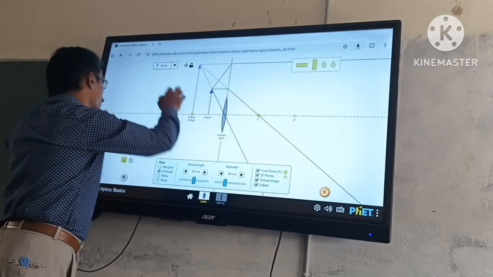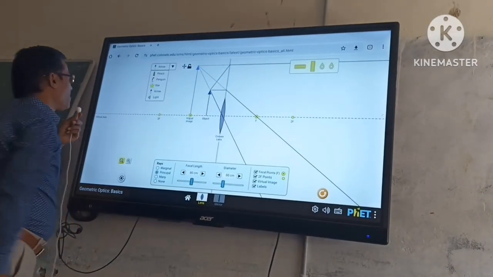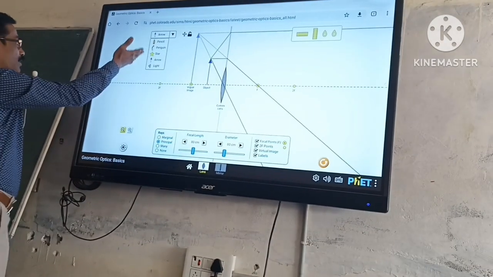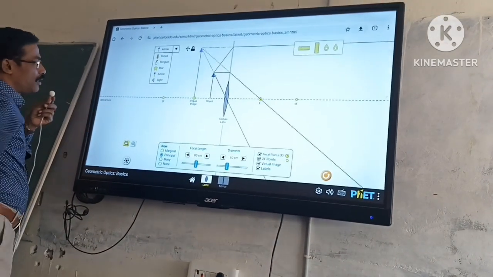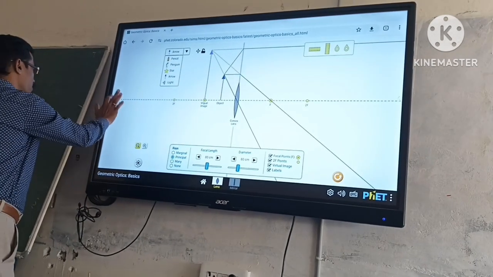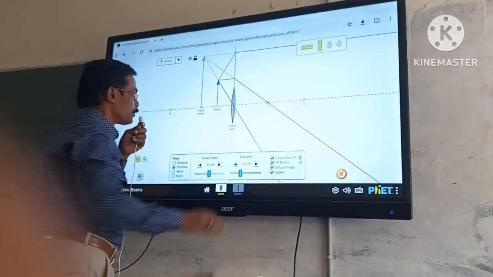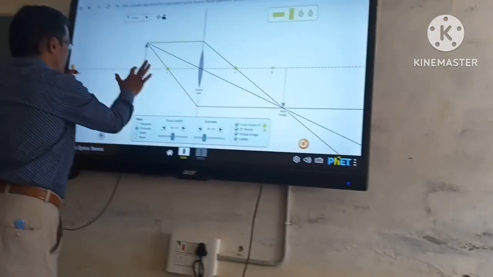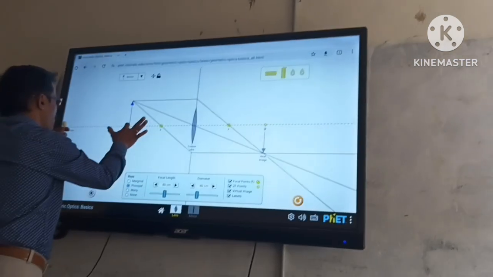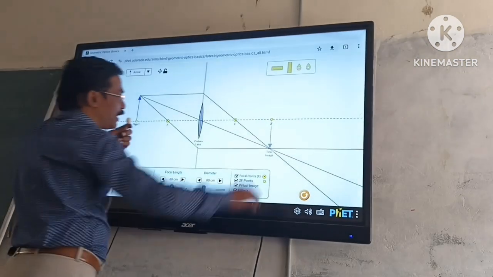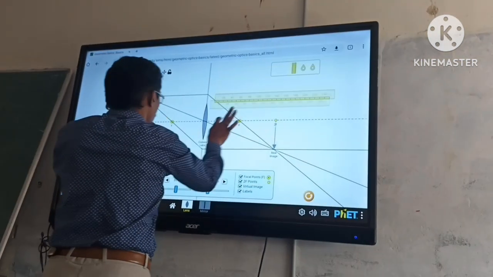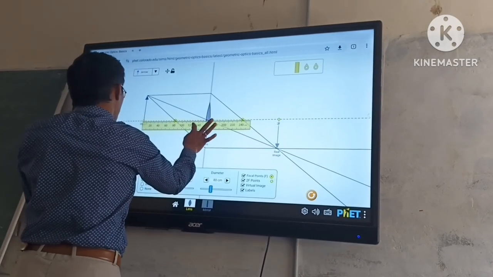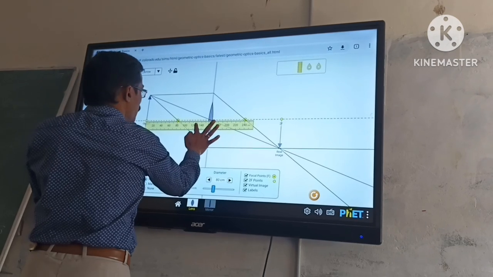So we can change the shape of the object. You can put a star, penguin, arrow and light. You can measure the distance also. Suppose it is at 2f, you can measure by taking the scale here. If you put the scale here, you can measure. This is the object distance.